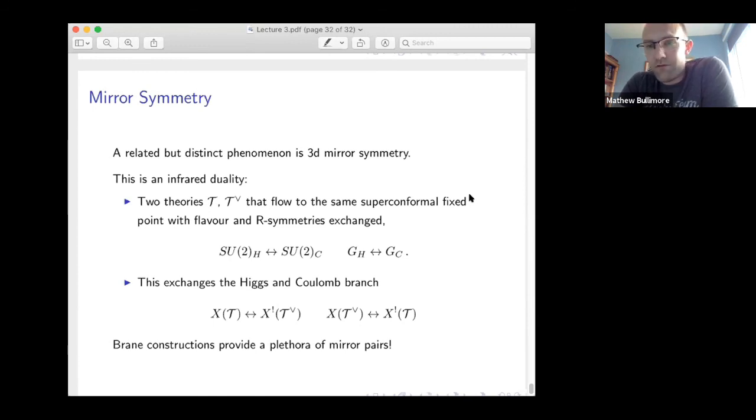Whereas if you take the FI parameter to be zero, you would get a closure of a non-minimal nilpotent orbit in SL(W). So that's what the Higgs branch would look like.